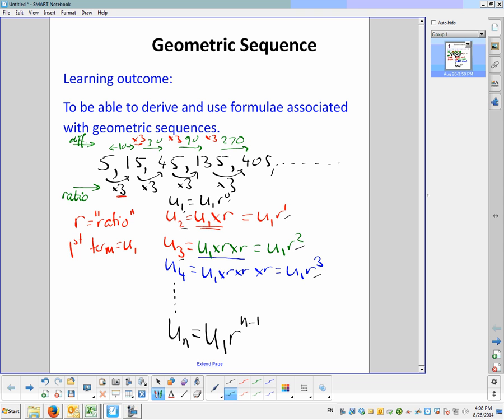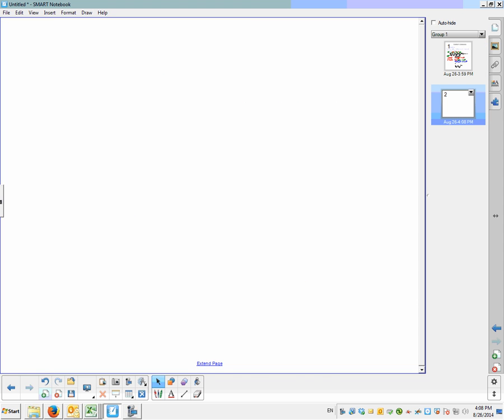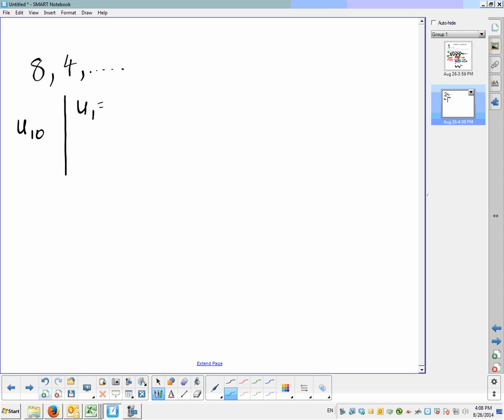And so if I gave you a sequence and asked you to find the nth term, you should be able to do that. Let's say you've got a geometric sequence where the first term is 8 and the next term is 4. You should be able to tell me what the 10th term is. What's U10? We know what U1 is, and we know what R is. We should be able to work out what R is, because what's it been multiplied by here? It's been multiplied by a half.